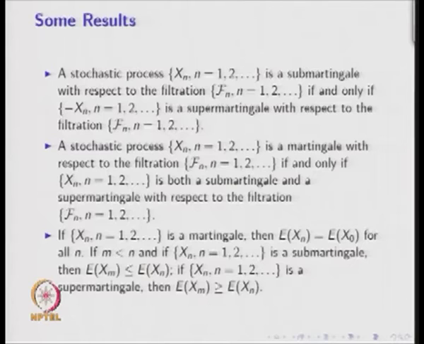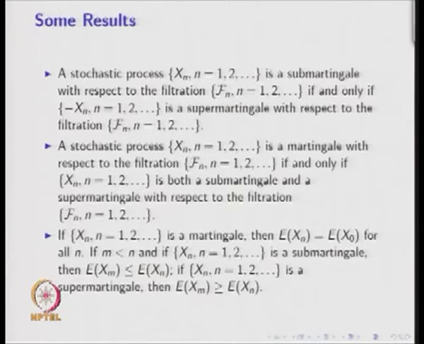Since we are replacing the equality sign in the conditional expectation of the third condition in the definition of a martingale with less than or equal to, greater than or equal to, hence, if you have a martingale, then the same thing will be a supermartingale as well as a submartingale. Similarly, if a stochastic process is both a submartingale and a supermartingale without changing the sign or doing any change, then definitely that will be a martingale.